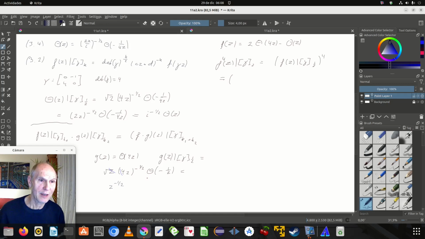Now we start with what we should. Now we start applying this formula. So this is just reduction. 2 times z 4th, minus 1/2. Oops, that must be put on the other side, so it's plus.